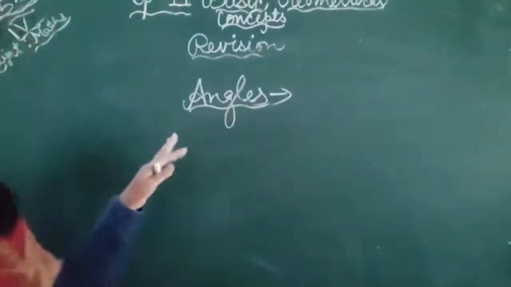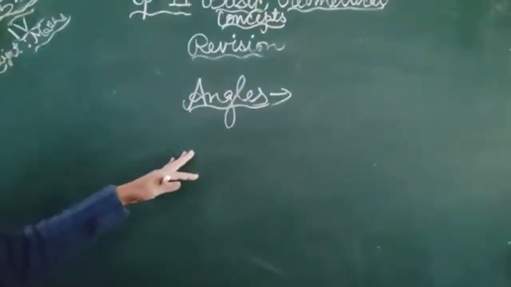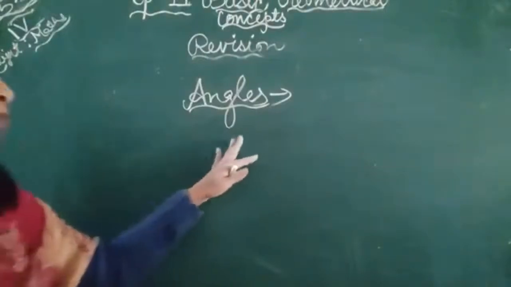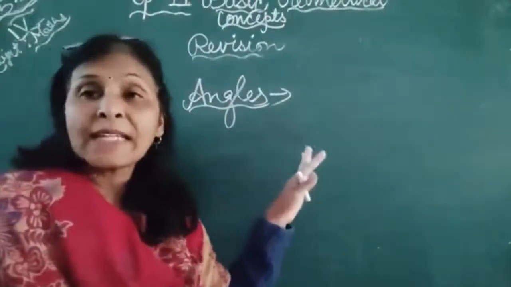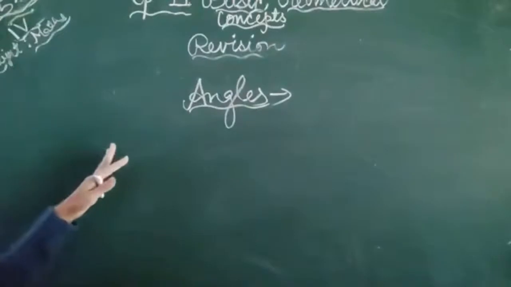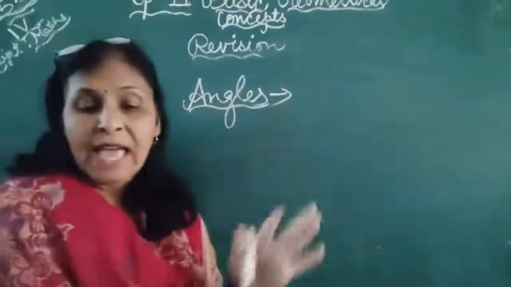Now what is angle? A figure formed by joining 2 rays at their initial points is called an angle.